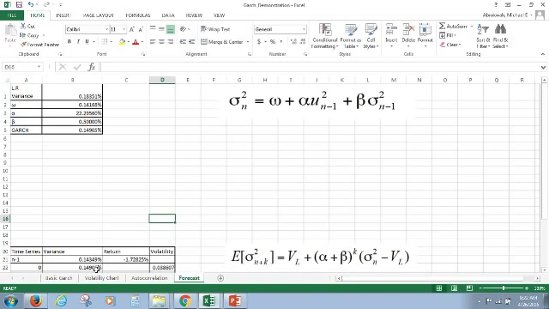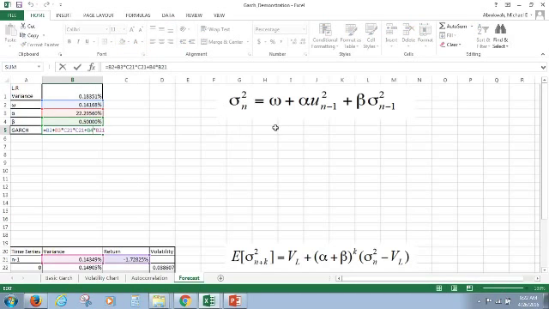And based on those, I was able to calculate the GARCH variance. So I just basically followed this model, as you can see. B2 would obviously be equal to omega. B3 would be alpha.